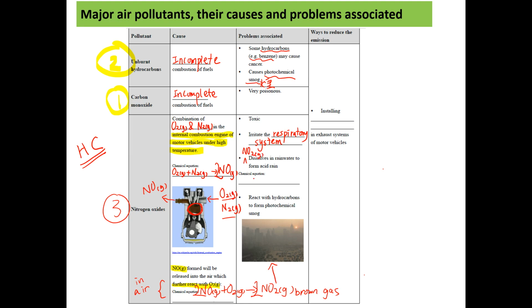Nitrogen dioxide gas will dissolve in rainwater to form acid rain. I think you learned about it in Unit 13, rusting. So there will be a reversible reaction, forming HNO3, nitric acid, and at the same time a weak acid, HNO2. Okay, so water is there.